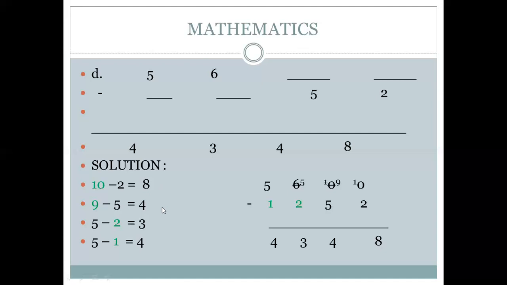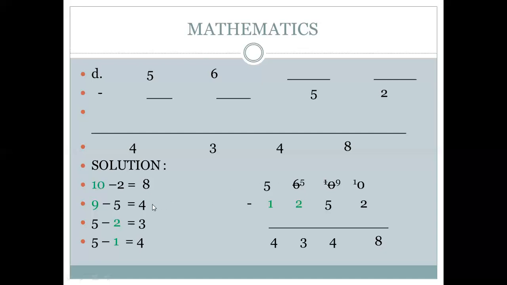But we have already taken one carry from the previous number, because we made the first number 10. 10 minus 2 is 8. It means that there will also be a 0 over there. Because when we take 1 from this, 9 will be left over there, and 9 minus 5 is 4.